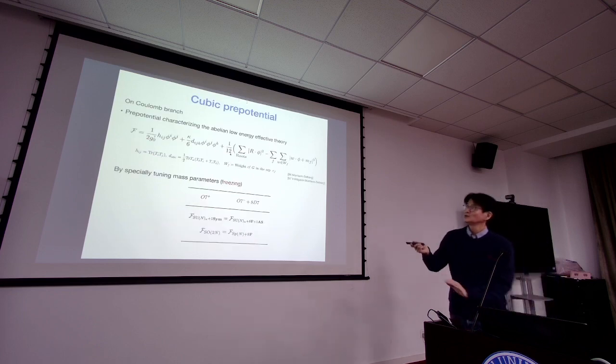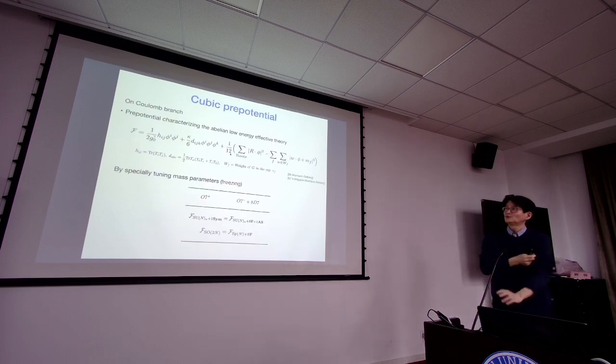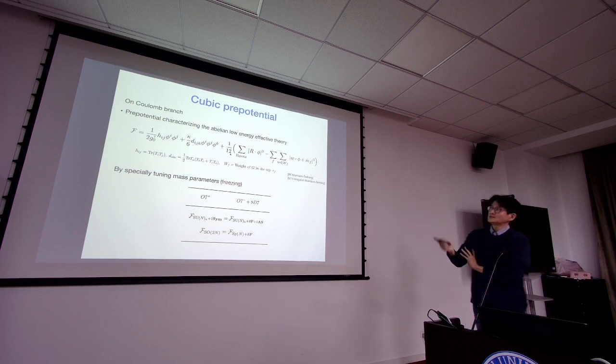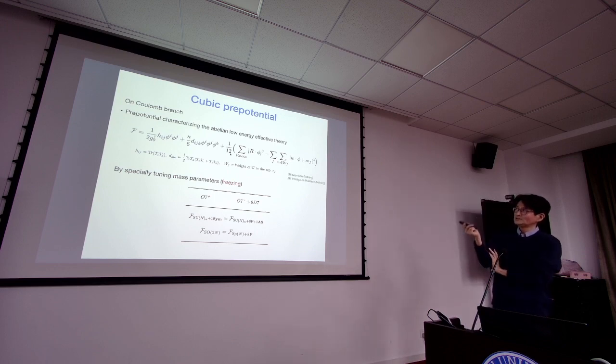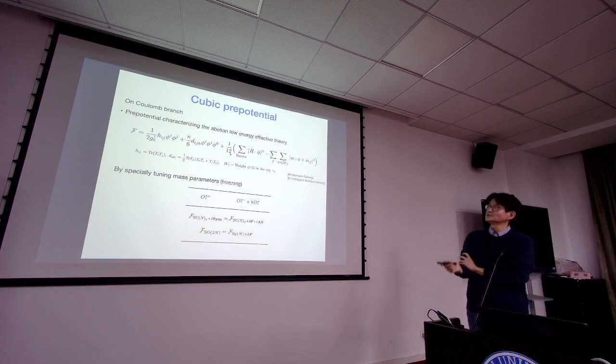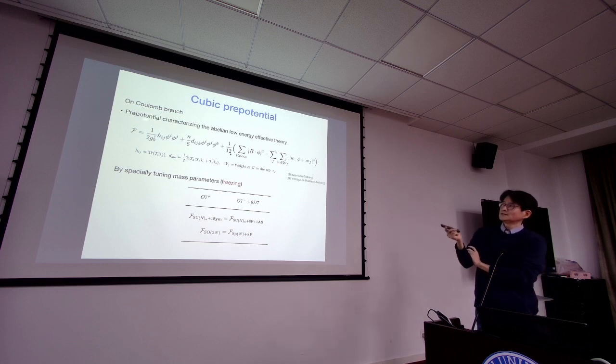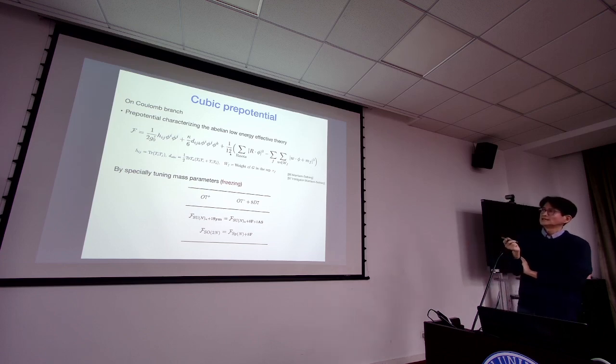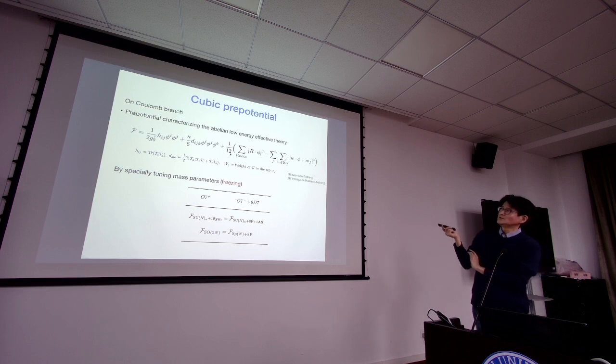We checked some simple ones first. There is something called the prepotential that captures the Coulomb branch. It characterizes the abelian low-energy vector theory, which is at most cubic, so it is called the cubic prepotential. These are the kinetic terms describing the Coulomb branch metric, this one has to do with the Chern-Simons level, and this is a new contribution from the vectors and hypermultiplets.